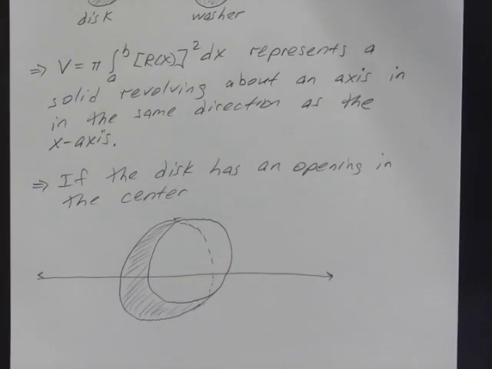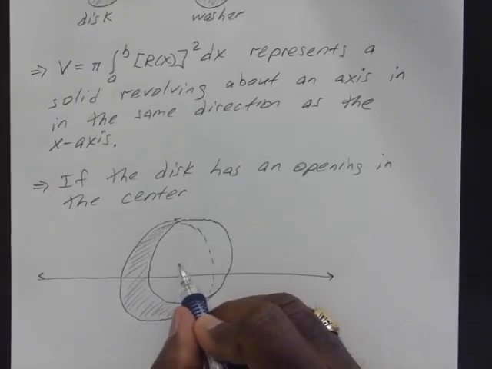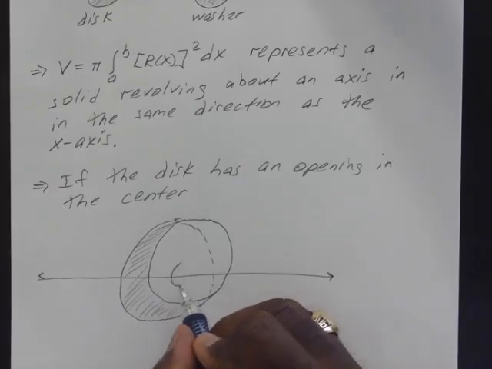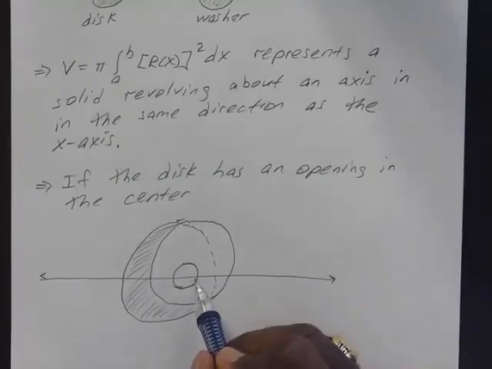Man, I cannot draw to save my life. Each semester reminds me of that. So think of that as a disk, but right around here, you have a hole kind of in the middle.